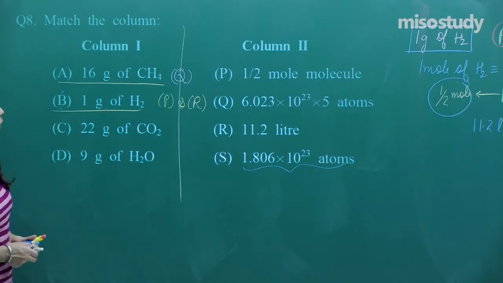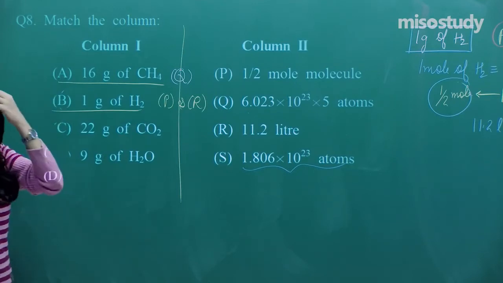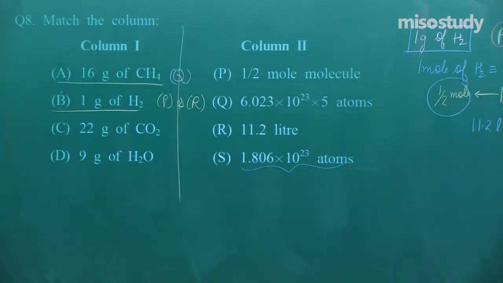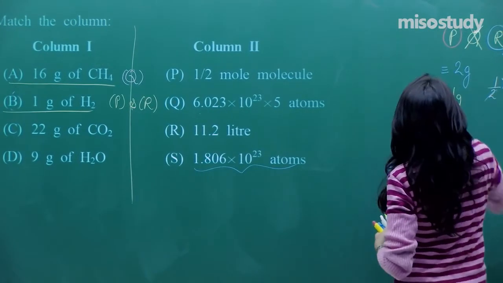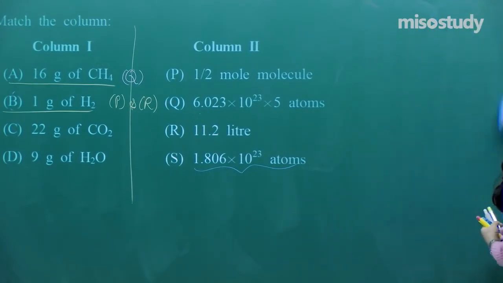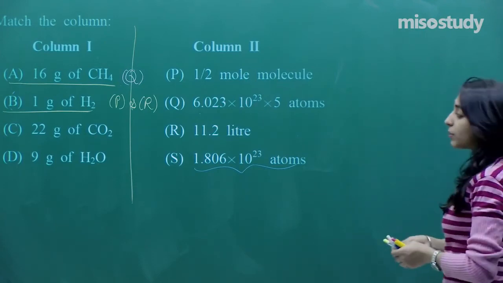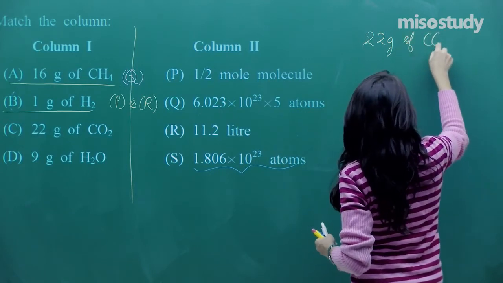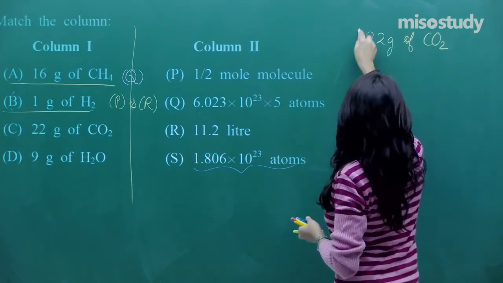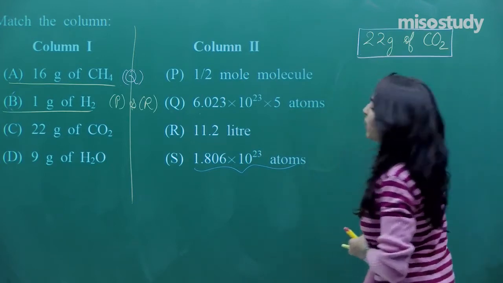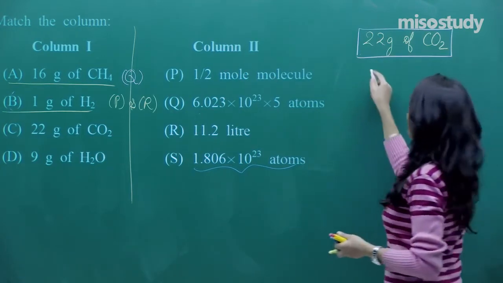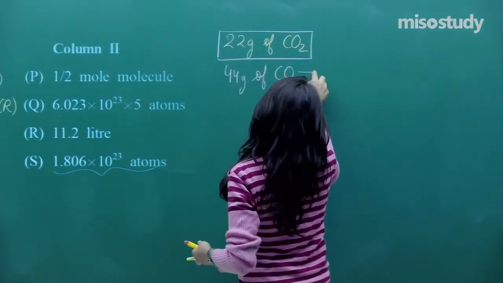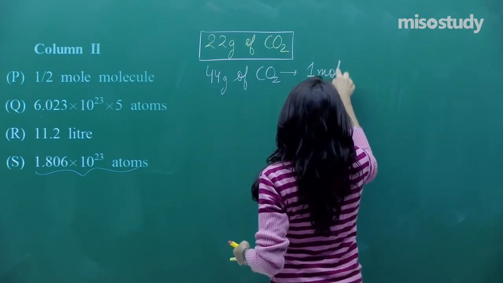Fine. Done with this, let us move on to option number C. Option number C, let's see what is there. If you talk about option number C, which is 22 grams of CO2, 44 grams of CO2 will be equal to 1 mole, right?